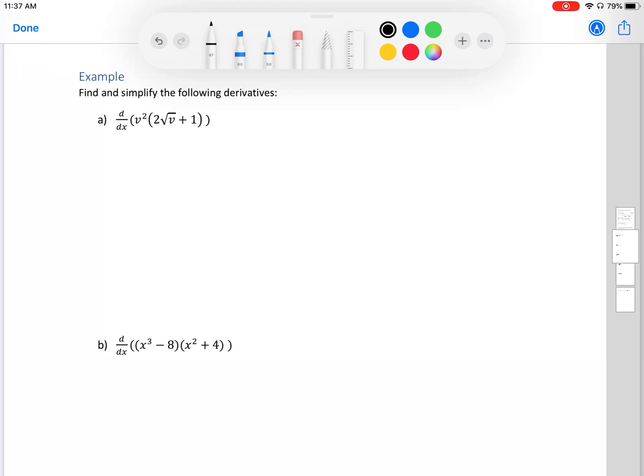So let's take the derivative of this function. Let me start off by rewriting it. If I write it as b squared times 2b to the 1/2 power plus 1, it won't look so intimidating. So we know to use the product rule because we have two functions that are being multiplied.